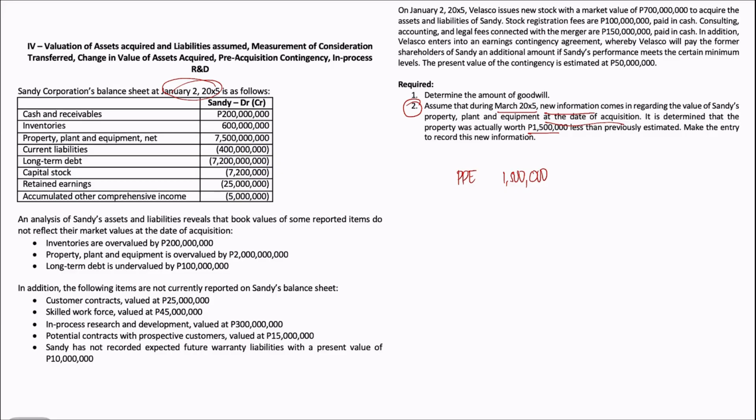Hence, we debit goodwill for 1.5 million. Previously, we have computed goodwill to be 2,035 million. But with this adjustment, goodwill is now 2,036,500,000.